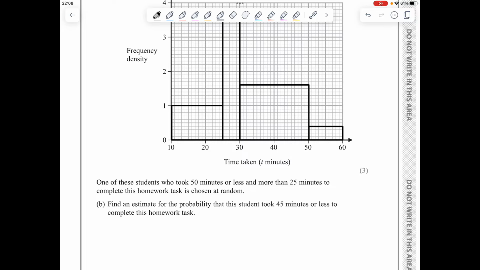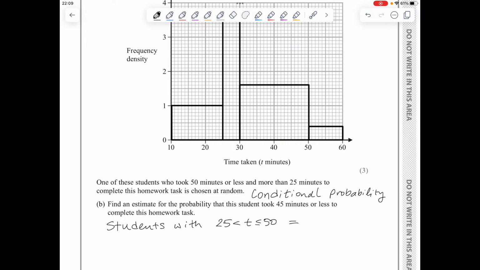Now for part B, I'm being told that one of the students who took between 25 and 50 is chosen at random. I need the probability that this student took 45 minutes or less. Now this is a conditional probability problem, and I will start by finding the number of students between 25 and 50.